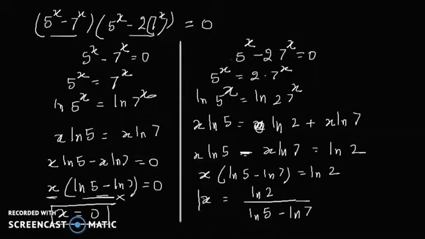So that is finally our answer for x, and we got the value of x as 0 and the value of x as ln 2 over (ln 5 minus ln 7).